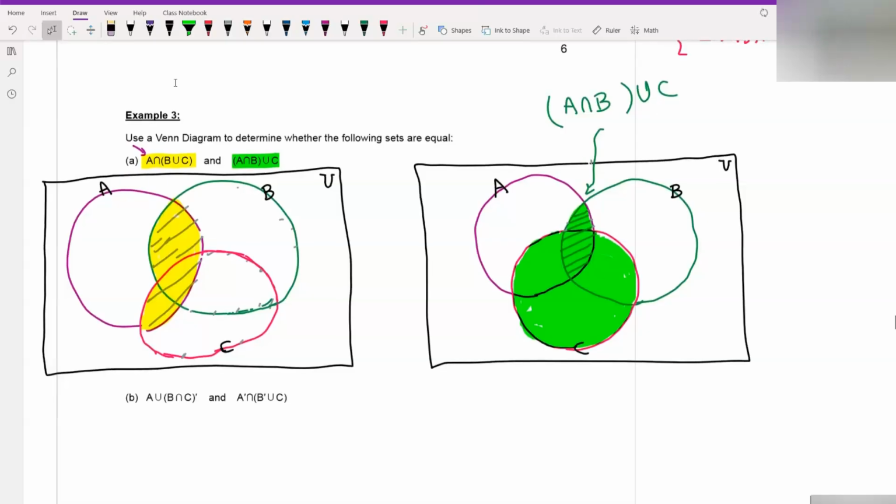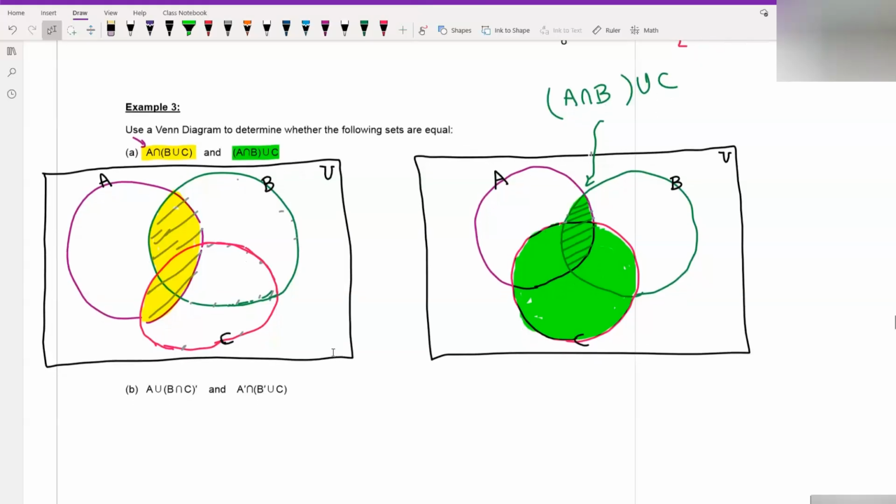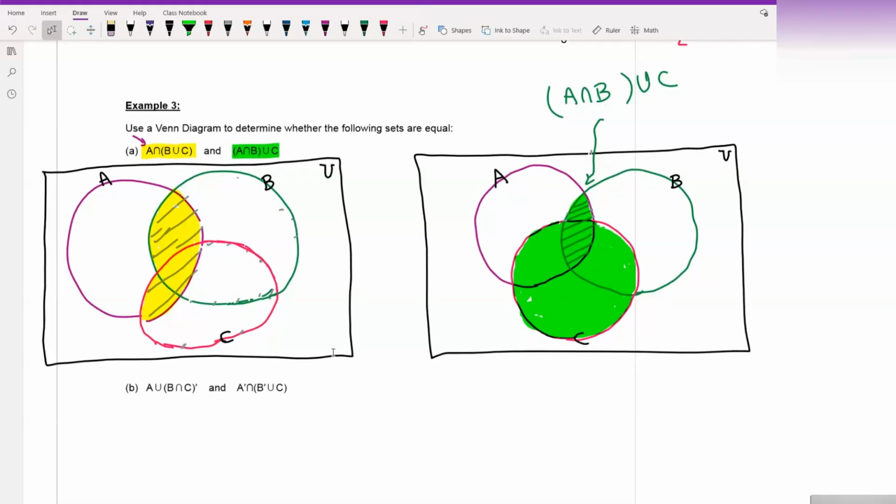Now compare these two Venn diagrams. Are these two exactly the same? Are these equal? These are not.